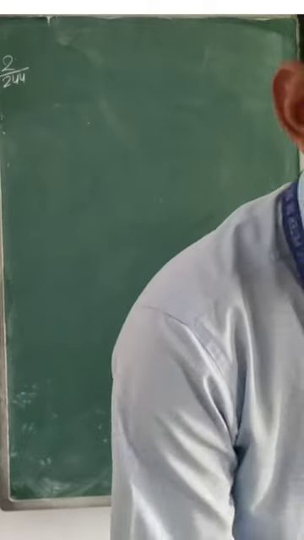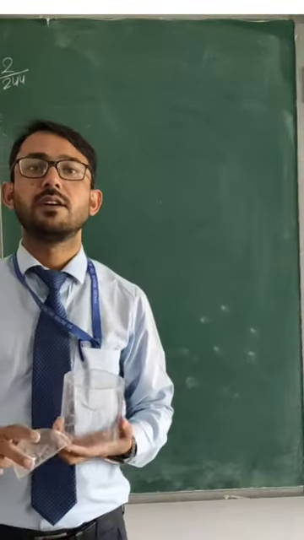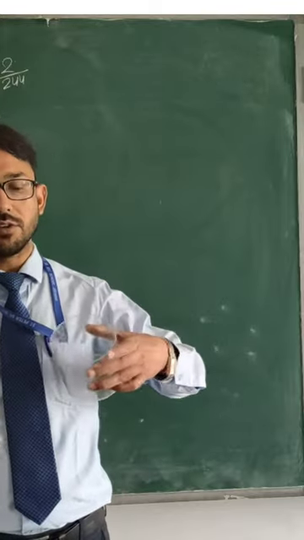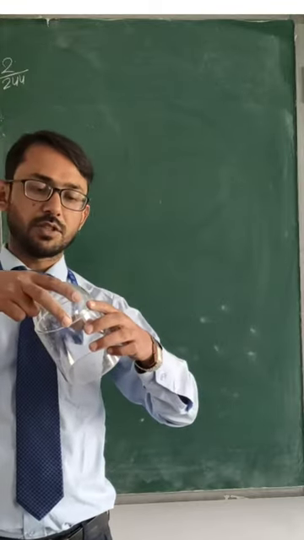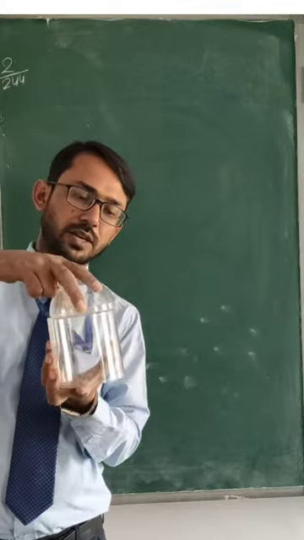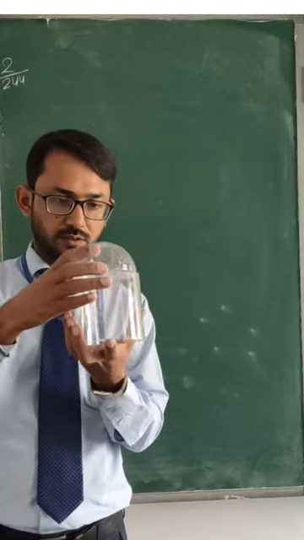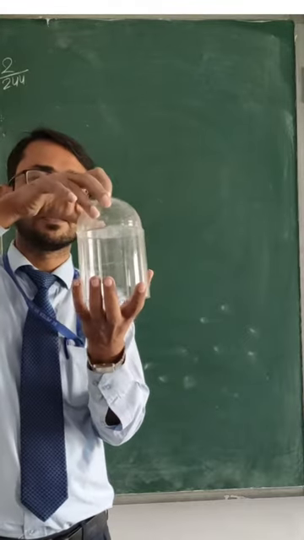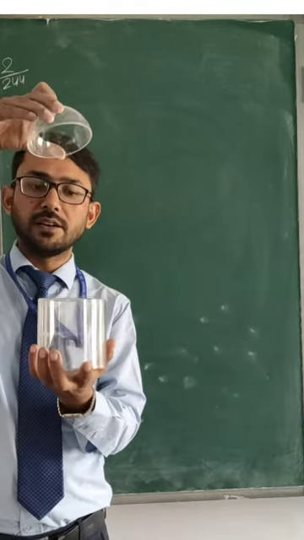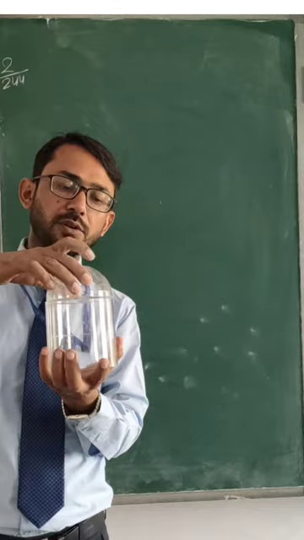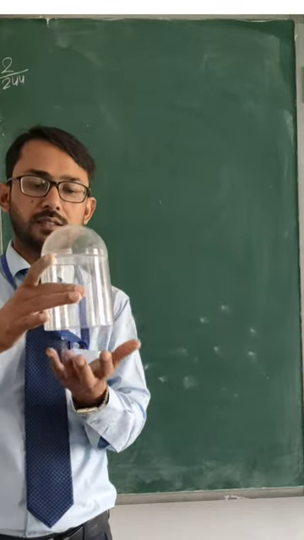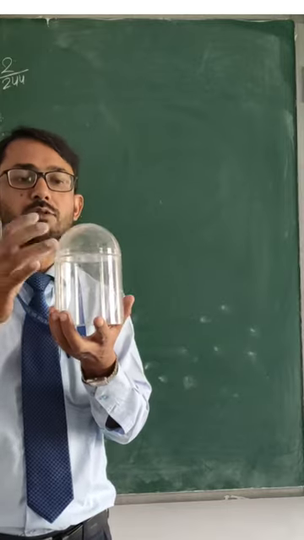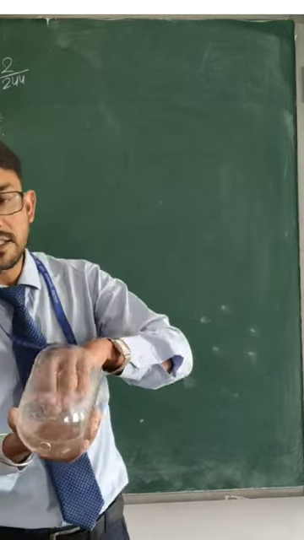It is said that a hollow hemisphere is mounted on a hollow cylinder. So this is the mounted condition. I am keeping it over here. We need to find the inner surface area.